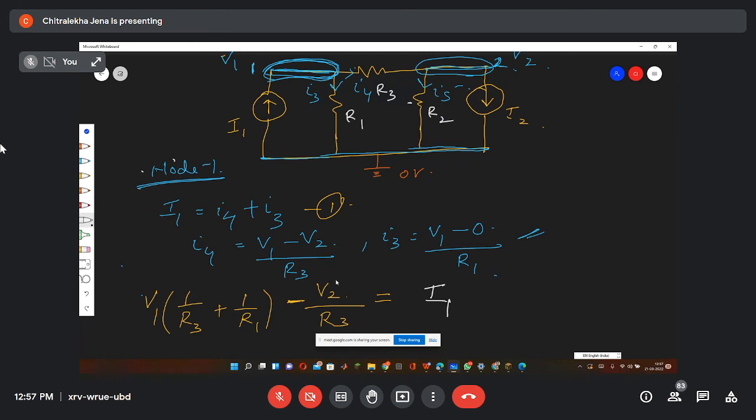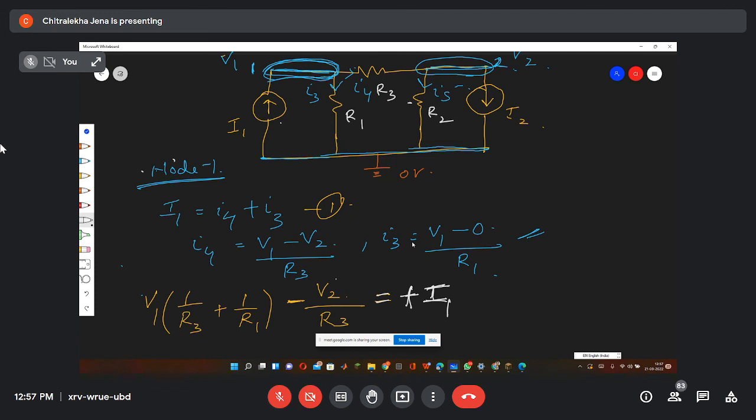Here you see, voltage by resistance is what? Current. So it will be equal to the value of the current source, and is positive. Listen to me carefully, and is positive if the current in the current source is going to the node. If it is flowing out from that node, then you have to take it negative. Am I clear to all of you?